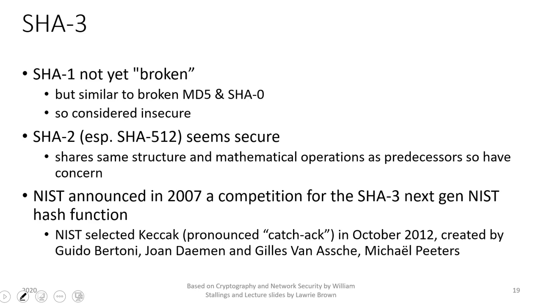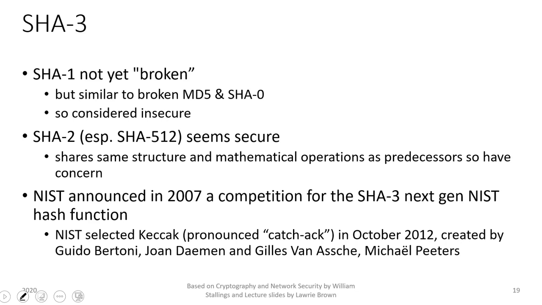And the reason for the various versions of SHA is that even though SHA-1 is not broken, from a theoretical point of view, it is considered insecure because it can be broken using similar approaches such as MD5, how they were compromised.